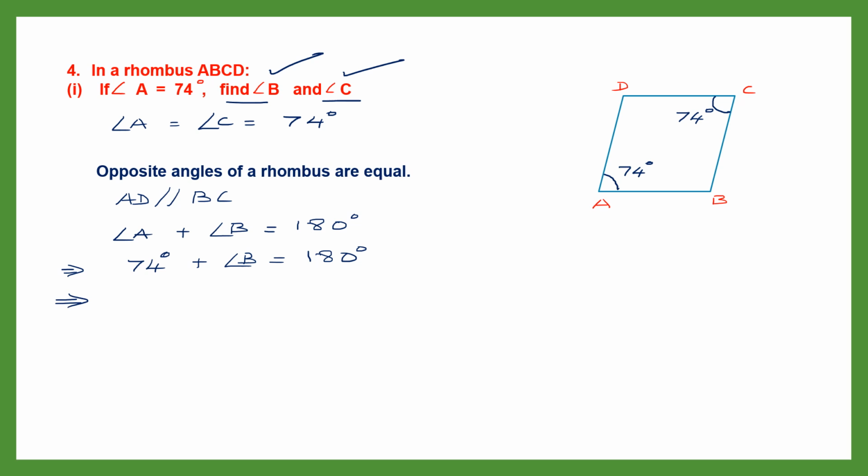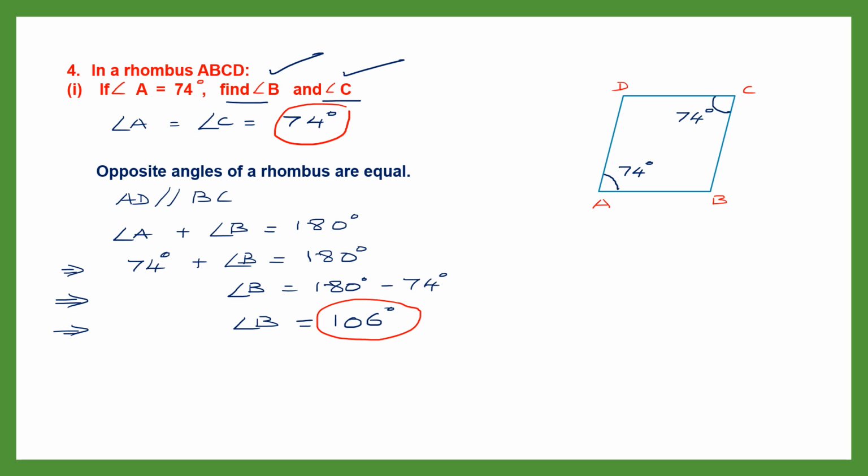Now we can find the value of angle B. Angle B is equal to 180 degrees minus 74 degrees, which is 106 degrees. When you subtract 180 minus 74, you will get 106. So we have found angle B also. So we have found angle C and we have found angle B. This was question 1.